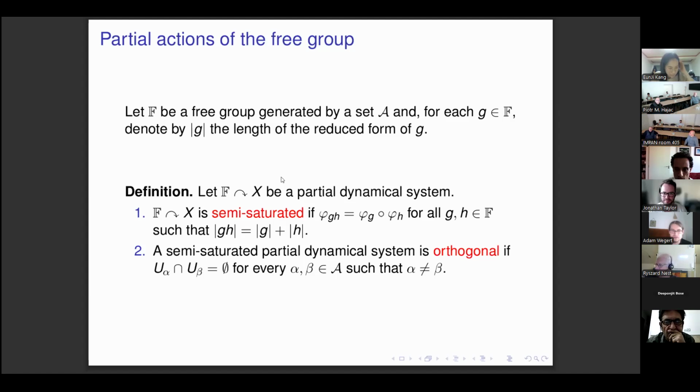I have a very simple question. What I was missing in your talk was an example. I would like to see some illustrating examples of what you were saying. I don't work every day with partial actions, and to see some nice natural example would be very good for me, especially since from what Gilles was saying, it seems like you have some nice examples in graphs.